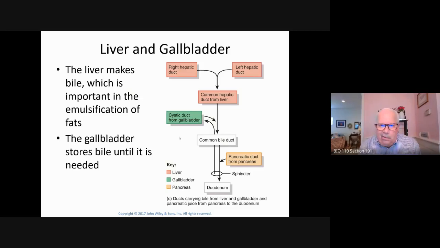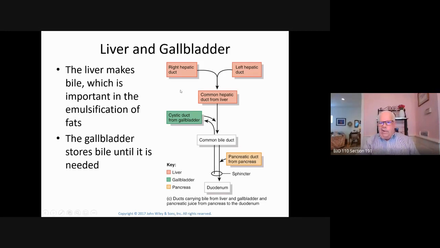Without bile, you would have fat in your stools. They would be very greasy. So the liver makes bile to emulsify these fats. The function of the gallbladder is to store the bile. That's its sole function. The gallbladder stores bile. Okay? That's important.